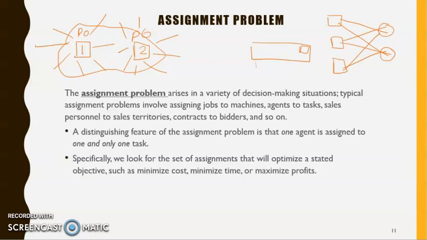A distinguishing feature of the assignment problem that we do is that one agent is assigned to one and only one task.